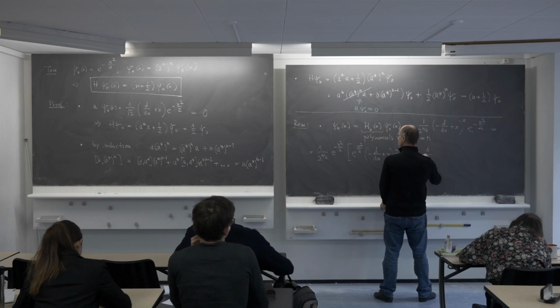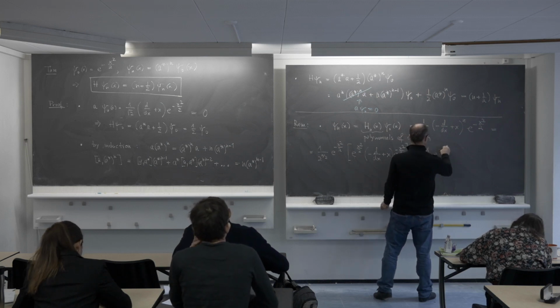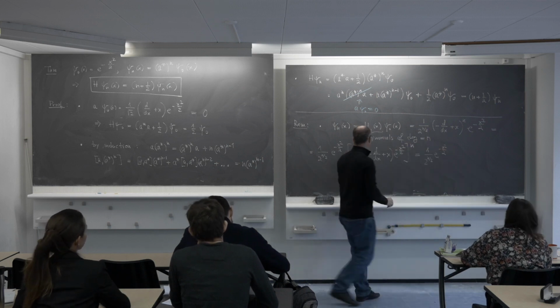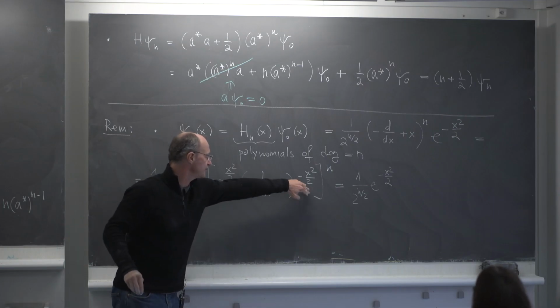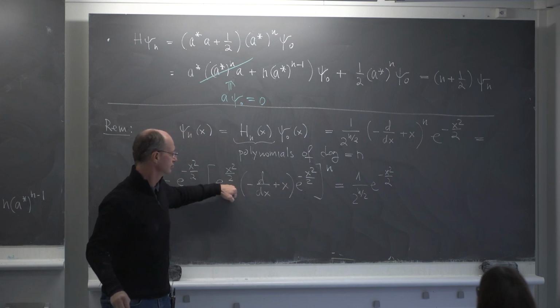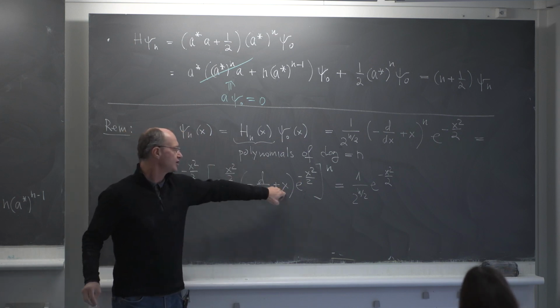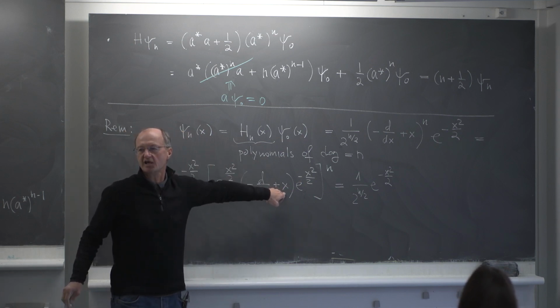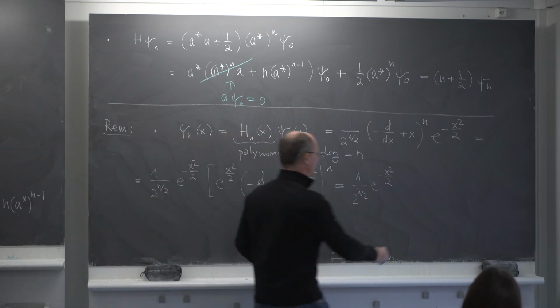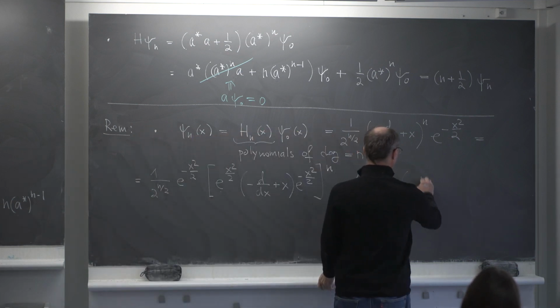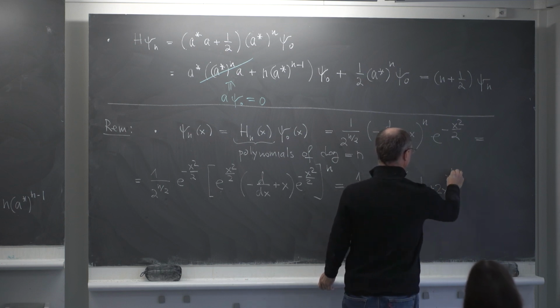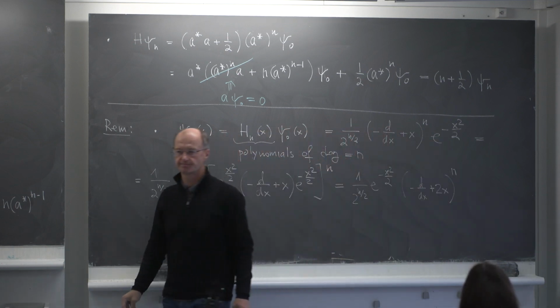I actually can do that conjugation, with minus x squared over 2. What happens when you pull it through? You get one more extra plus x. And that's it. So this is minus d over dx plus 2x, to the power n.